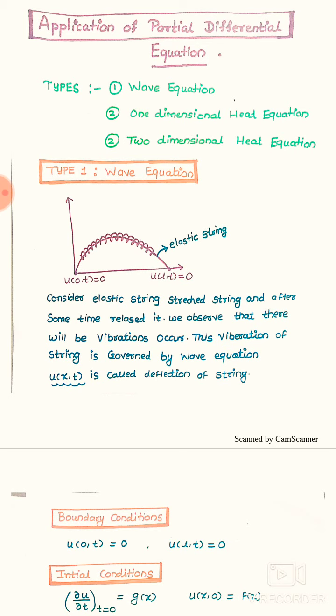And at the other end, u of l,t is equal to 0, means at a distance l at time t, again deflection is 0. So at both the ends deflection is 0. For different distance there will be different deflection. Students, try to remember u of x,t is called deflection of string, and that deflection depends upon distance and time t.